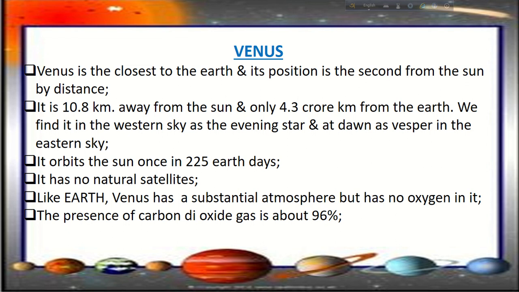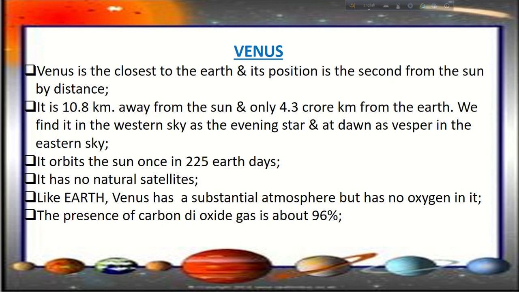It is 10.8 crore kilometer away from the Sun and only 4.3 crore kilometer from the Earth. We find it in the western sky as the evening star and at dawn as Vesper in the eastern sky. It orbits the Sun once in 225 Earth days. It has no natural satellites like the Mercury.